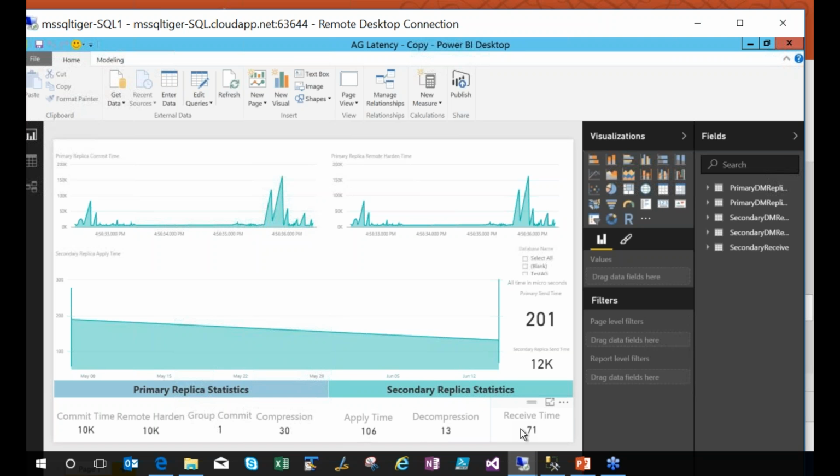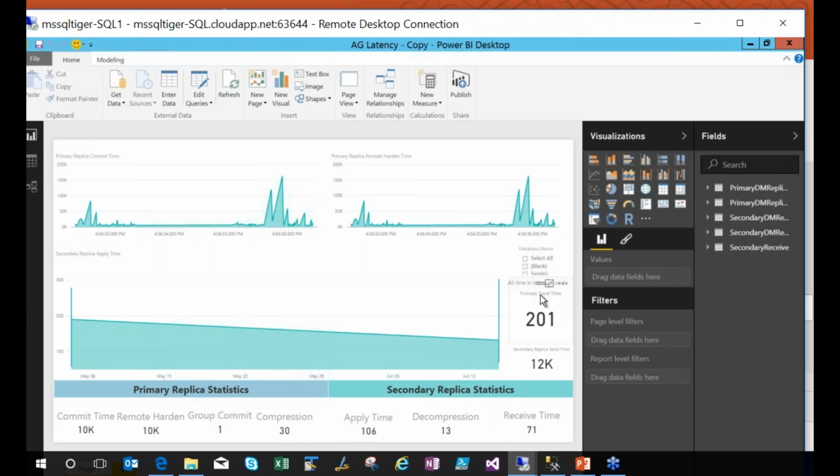So now I can safely say I don't have any latency on the network. I don't have a problem sending messages across or receiving messages from the primary or the secondary. What is taking time is essentially working through all those transactions at the pace that's being generated by the application, in this case, Management Studio.